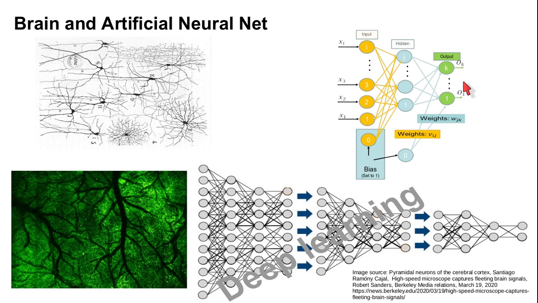But the differentiating factor between the brain and the ANN is, in the artificial neural network, the direction of signal flow is always in one direction. So for instance, the signal flows from an input to multiple hidden nodes, then from a hidden node to multiple output nodes. So one layer passes on its output to the next layer.